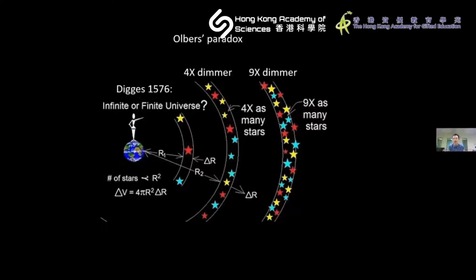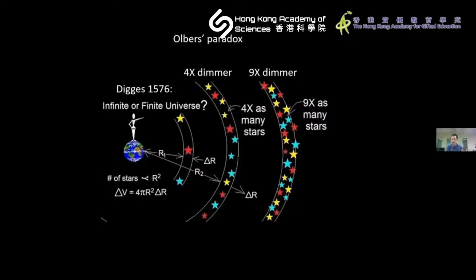How could that happen? This is known as Olbers' Paradox: why is our night sky dark? It appears that otherwise our night sky should be at least as bright as the nearby stars. Why is our night sky dark?